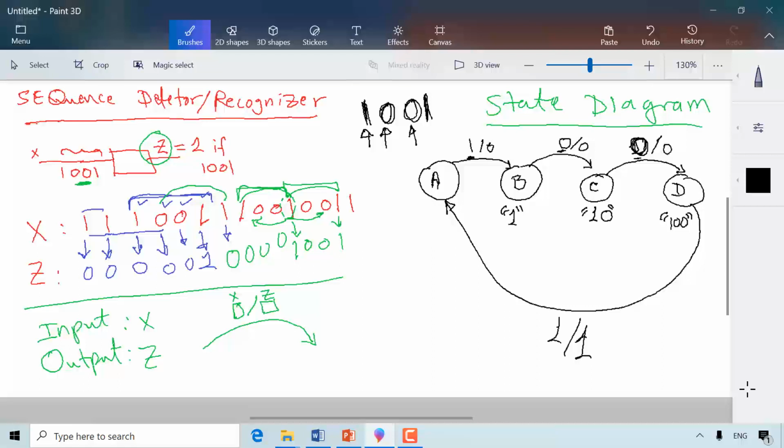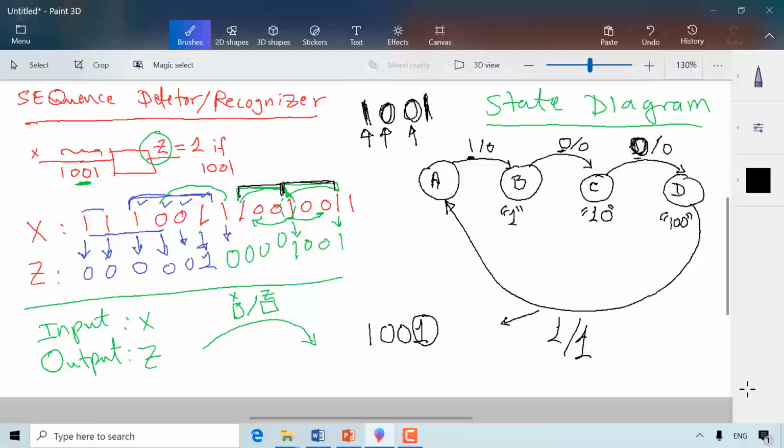Now, because I'm allowing overlapping, the problem allows me to overlap the last one that I have seen. So basically here I am in this arc when I have completed 1, 0, 0, 1. But this one could be the start of another sequence.